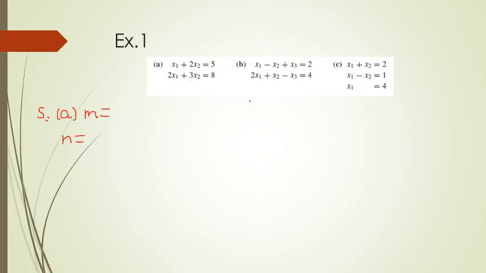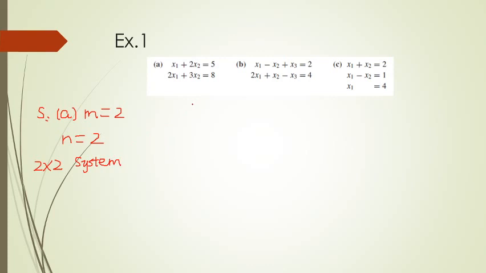Those are also linear systems. So for part A, we have two equations. How many variables? We only have two, x1 and x2, so n is also two. So this is called a 2 by 2 system. For sure, we can just call it a system.